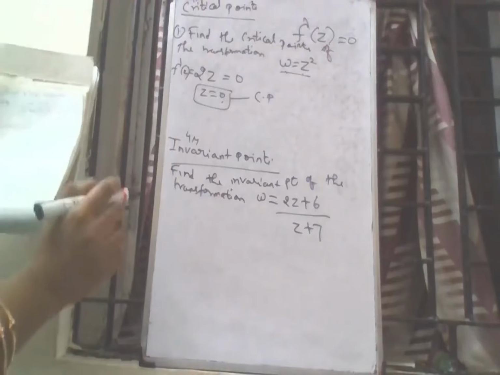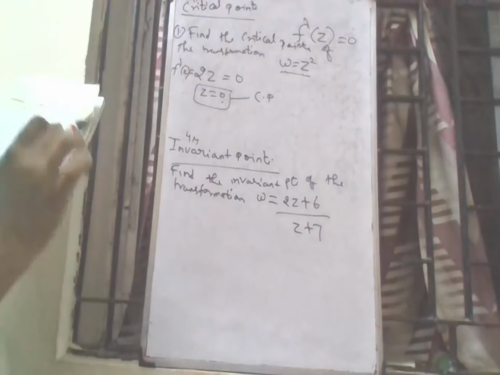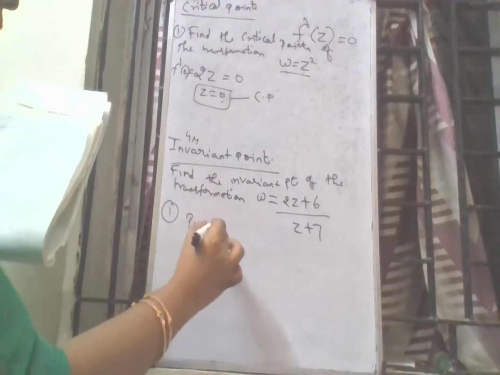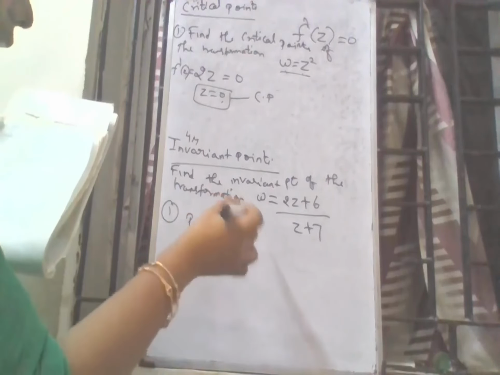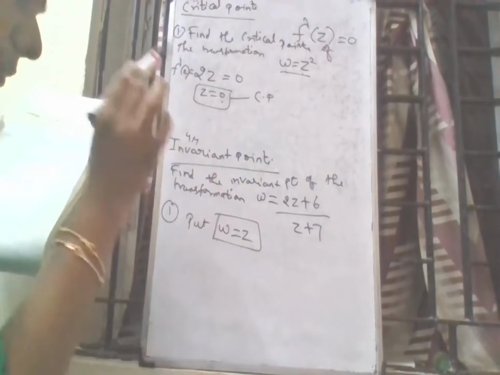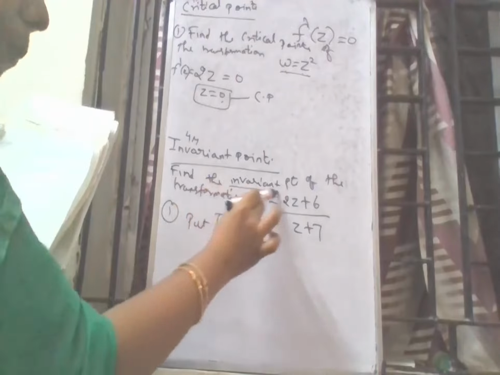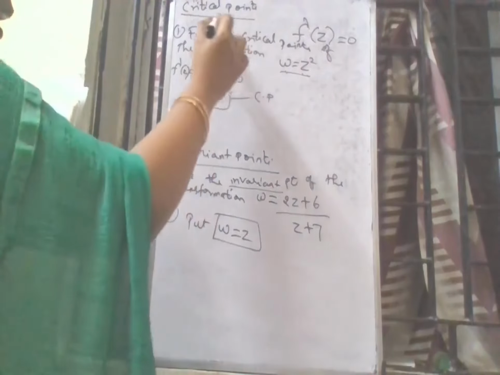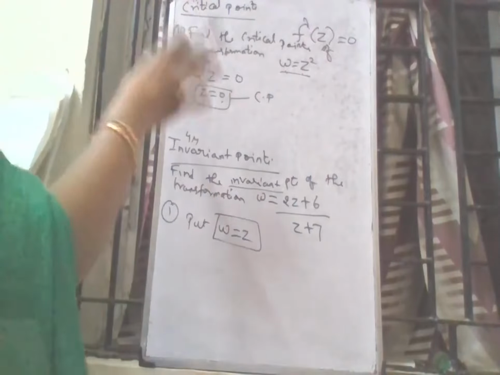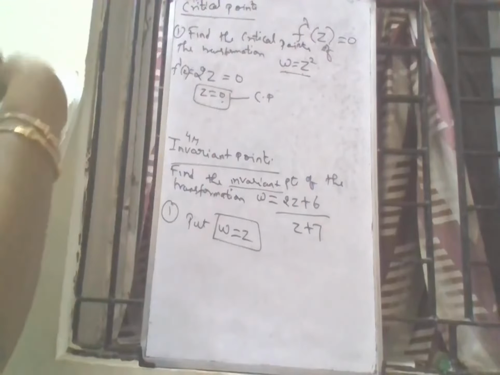Invariant points. Yes. To find the invariant points, always remember step number 1, put w = z. Whenever they ask you invariant point, don't get confused with critical point and invariant point. Clearly, I told you in the session where to apply, when to apply, and the physical meaning also.